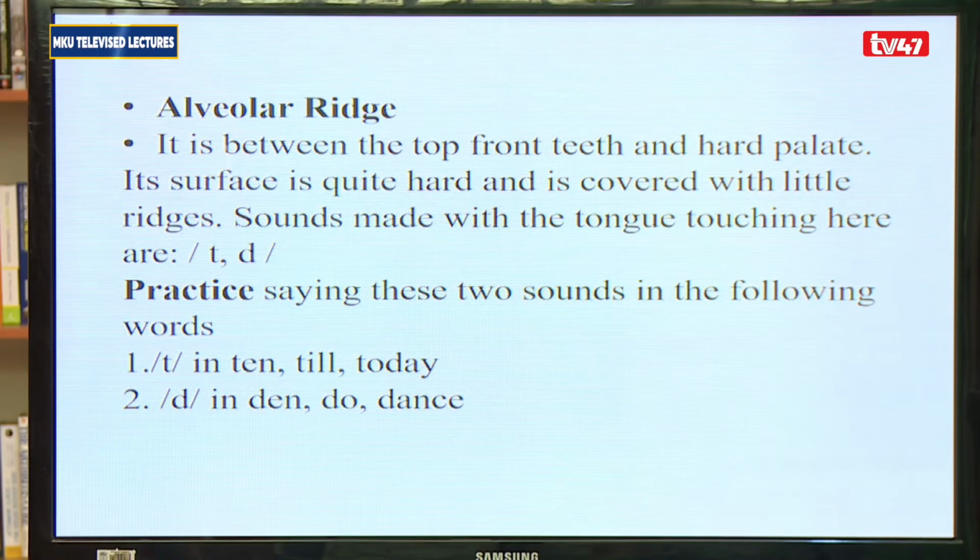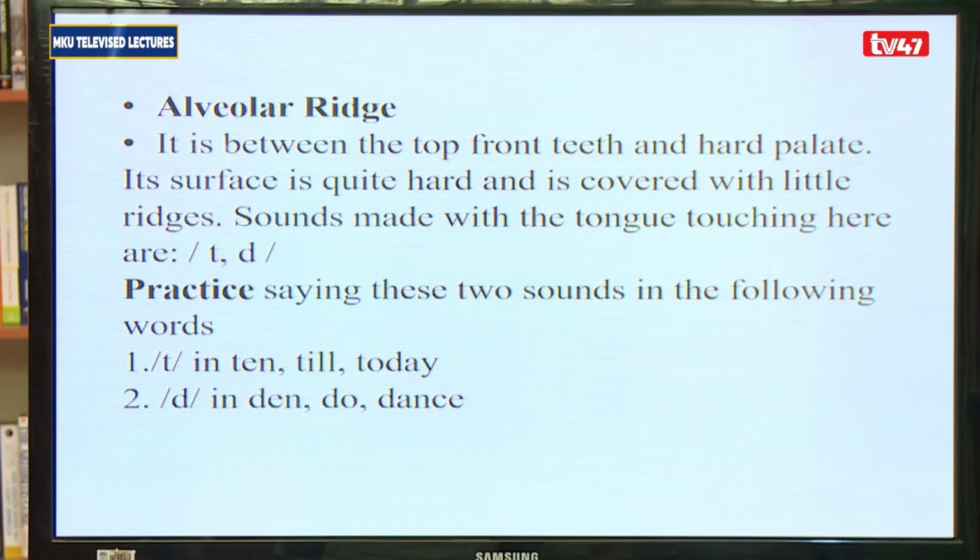If, for example, we try pronouncing the two sounds, t, as in the word toy, toy, notice where your tongue touches. And the word dog, dog. Please say the words with me so that you can be able to identify these organs.